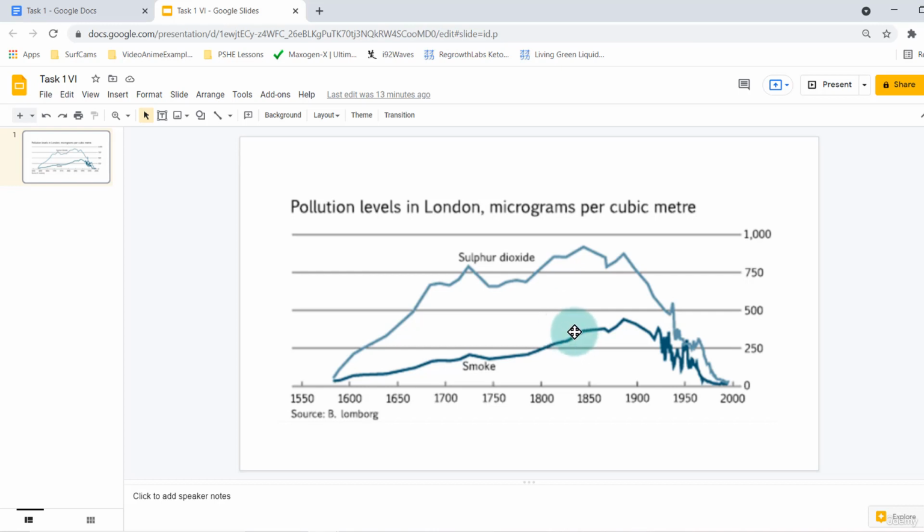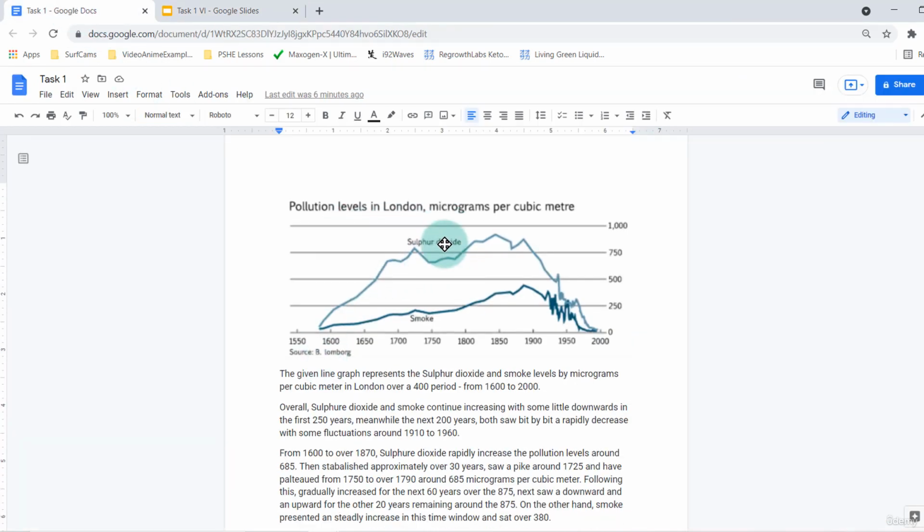I'm probably not going to give too much feedback for the initial read through. When I mark your writing, I just read everything through first, and then I've got an idea of the Bandscore in my head. Then I can start making edits. So let's take a look at the report.